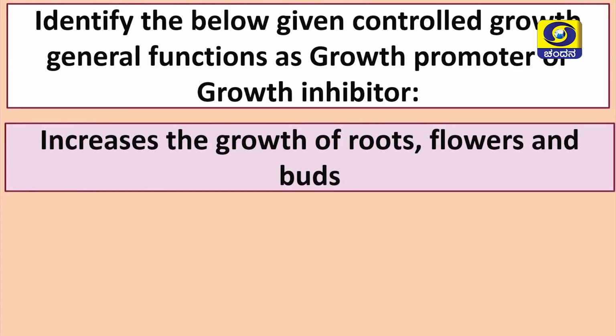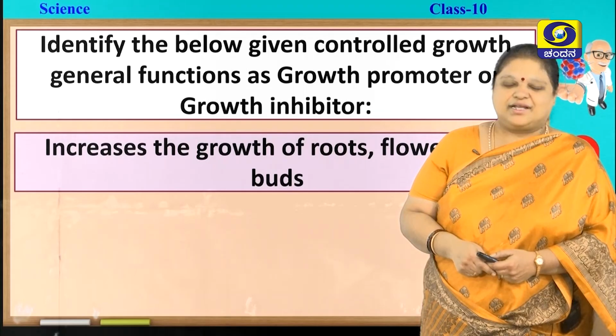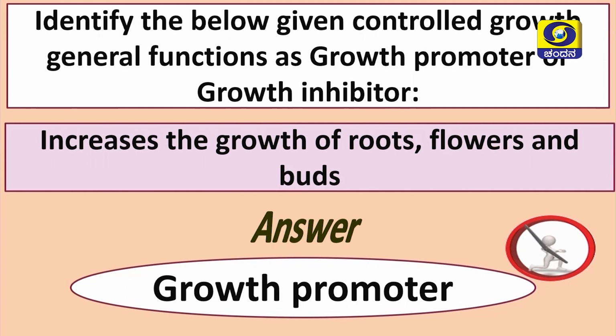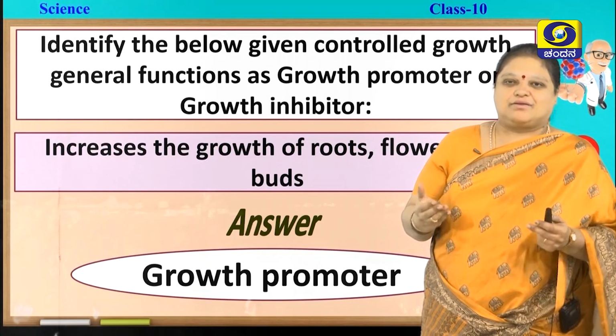Next, we will go to another one. This one will help in increasing the growth of roots, flowers and buds. I want you to think and answer which one will help in increasing the growth of roots, flowers and buds. So, the answer is growth promoter. Of course, they will help in growth.